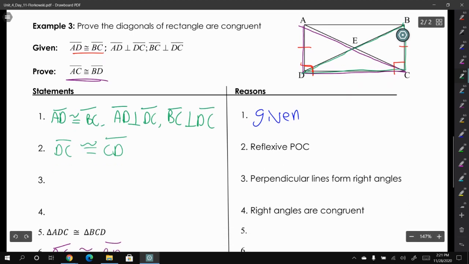Now statement 3 is blank, but the reasoning for statement 3 is perpendicular lines form right angles. Oh, so that means that angles ADC and angle BCD are right angles.